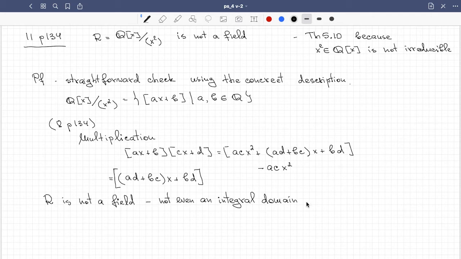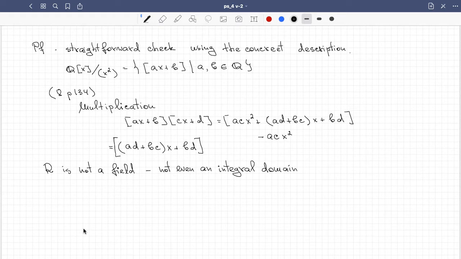For that, I want to show that a product of two non-zero elements is going to be 0. That would suffice. So I take the product of two non-zero elements, namely x and x.